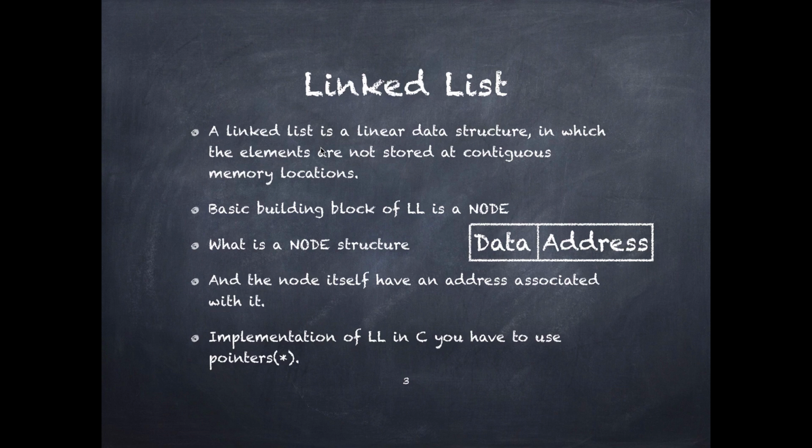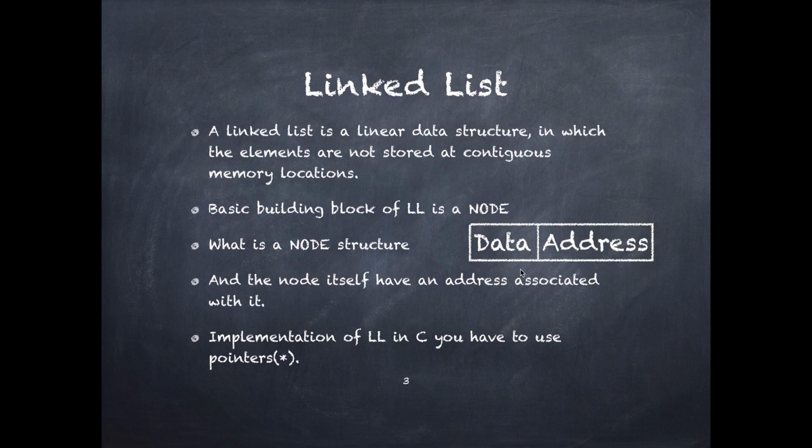So how is the data stored then? The data in the linked list is stored using nodes. The basic building block of a linked list is a node. Now, how will a node look? The node will have this kind of format where the node will have its own data part and an address part.